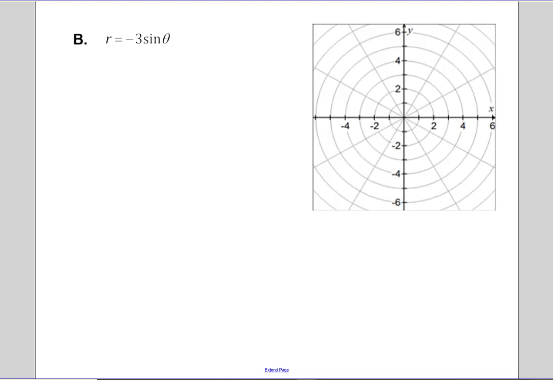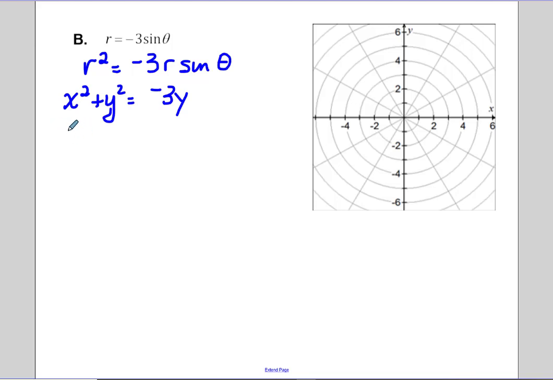In part B, we have r equals negative 3 sine theta. So in this case, I need an r over here. To keep the equation balanced, we could multiply through both sides by an r. And r squared represents x squared plus y squared, and 3r sine theta represents negative 3y.